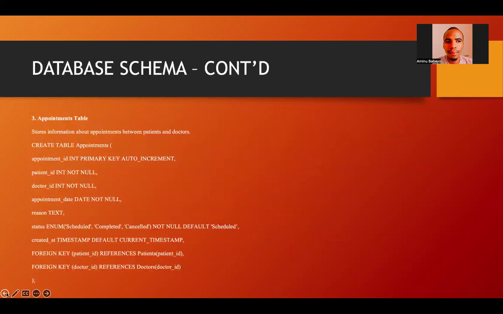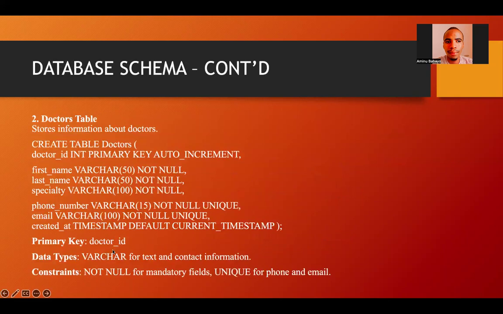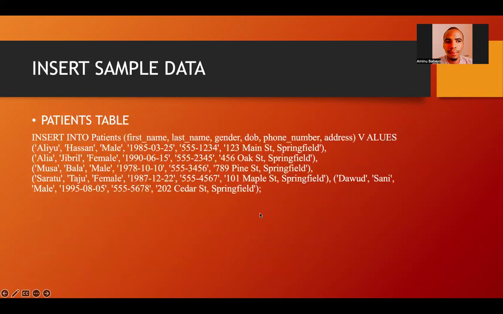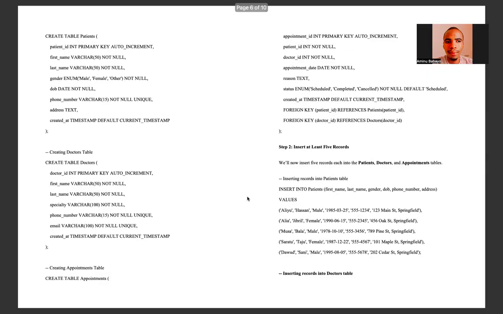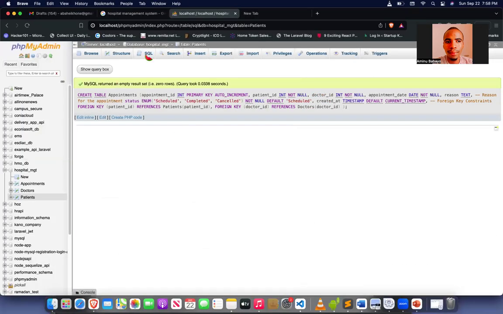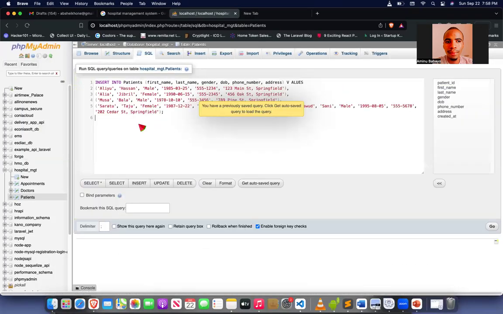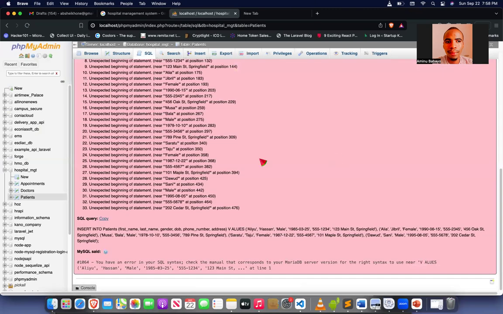The next thing here is inserting sample data. So let's write insert sample data. Let us start with the patient here. Let's come on the page here. You see we created this one here.